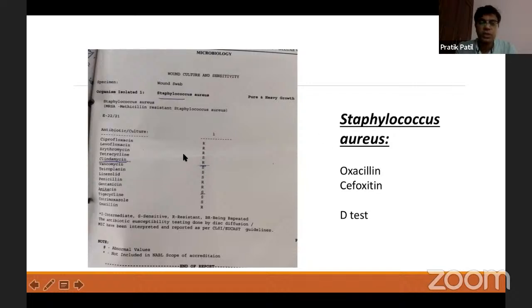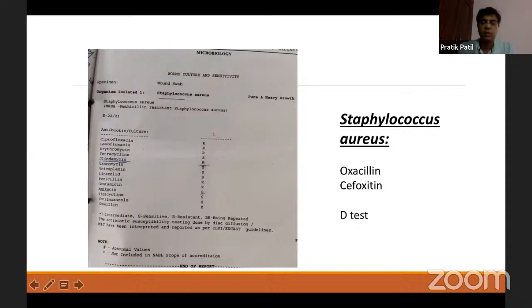Now, once you see a Staph aureus, this is another patient who had a Staph aureus, we need to know what is the clindamycin sensitivity and whether it's resistant. Now here, clindamycin resistance is reported. There is something called inducible clindamycin resistance.